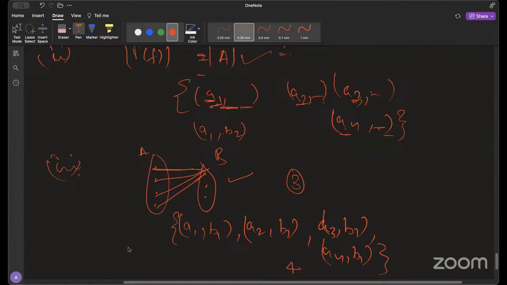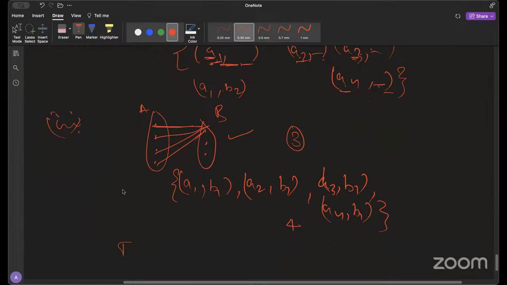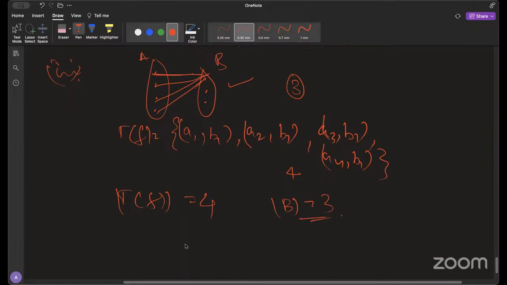So the cardinality of the graph is 4, whereas the cardinality of B is 3. So they don't have to be equal. So this is incorrect. And then you have the fourth option.